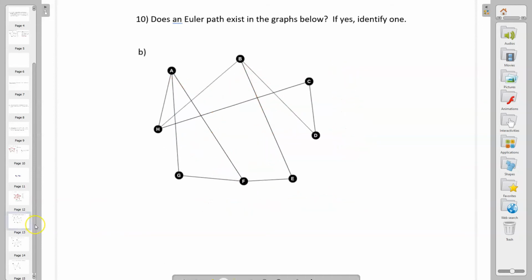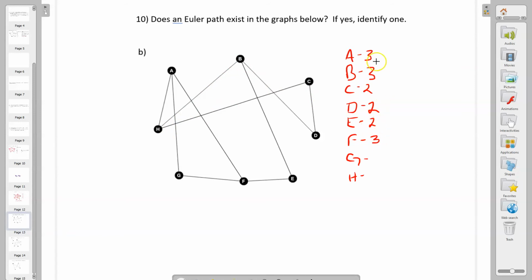Let's look at the next graph and see if an Euler path exists for it. Same approach, we want to identify the degrees of each vertex. The degree of vertex A is 3. The degree of vertex B is also 3. The degree of vertex C is 2, D is 2, E is 2 as well, F is 3.